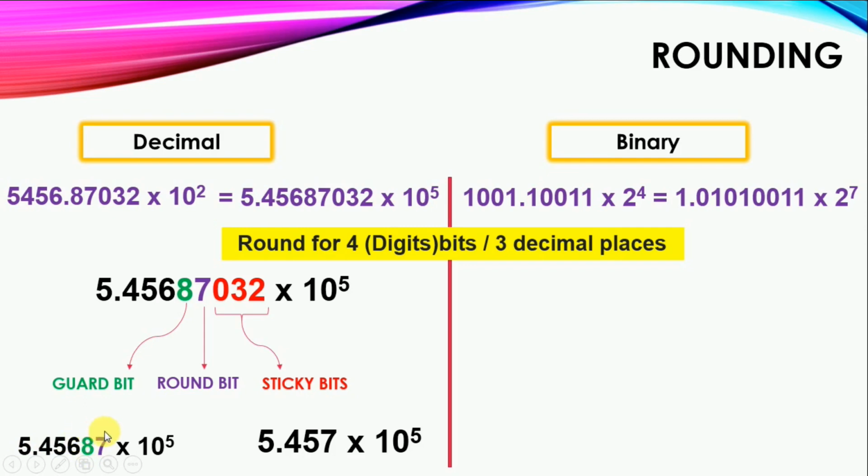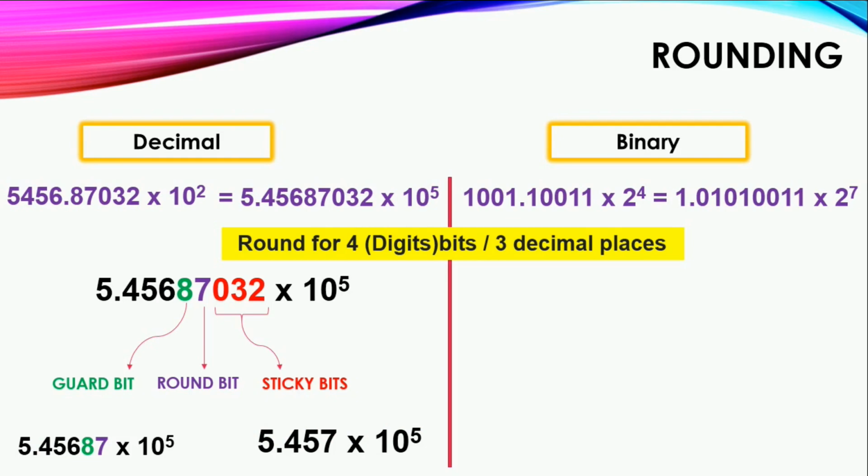Here in this case, 87 falls between the range 50 to 99. So I have to round up the last digit to be considered. Here 5.456 will become 5.457 times 10 to the power 5.